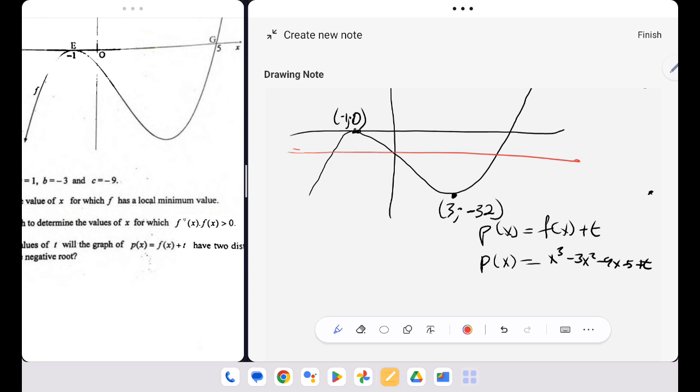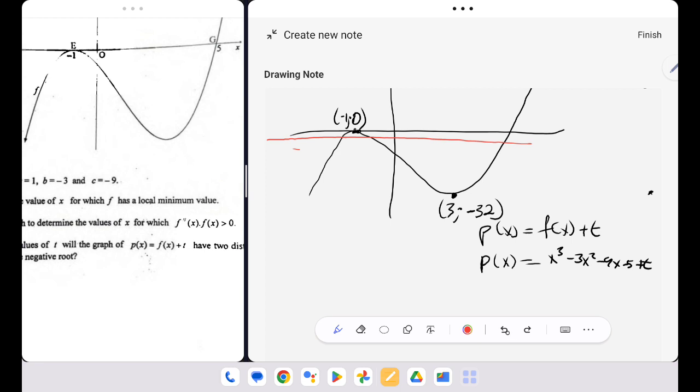But please check, whenever I draw my horizontal line between the 2 stationary points, I get 3 distinct roots. But please note, whenever my horizontal line is above this y-intercept, I will have 3 distinct roots, but 2 of them will be negative and 1 will be positive, and that's not the scenario I want.